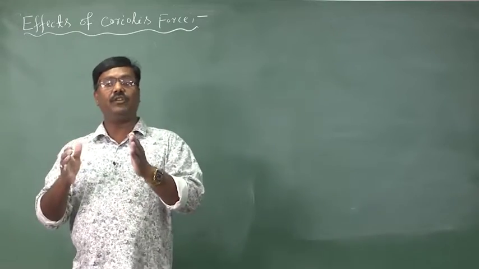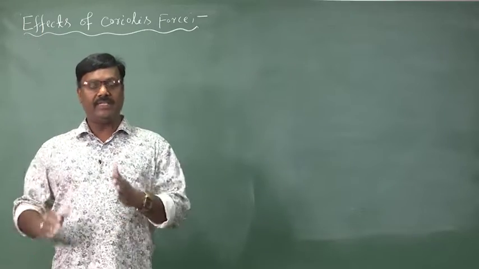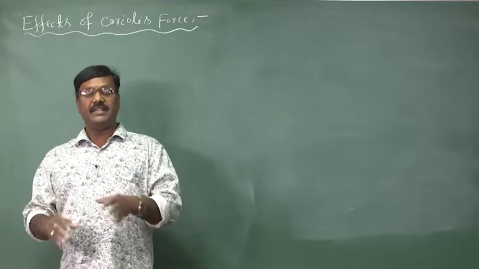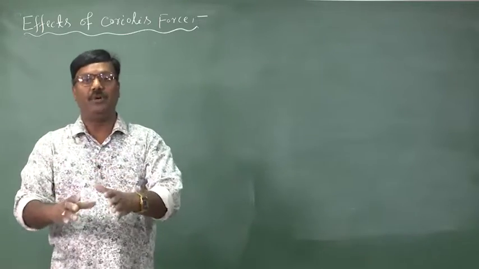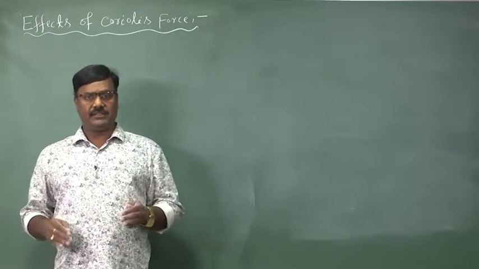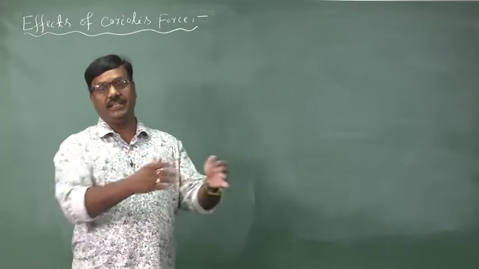When a cyclone is formed, it is due to low pressure, and the pressure outside that place is more than that, and the wind flows from outside to the place of low pressure. And normally in Odisha, the cyclone is formed in the ocean.